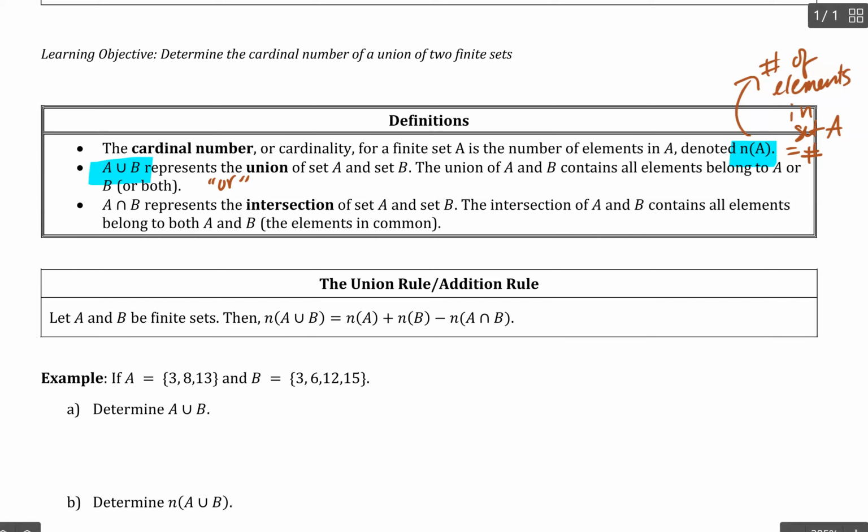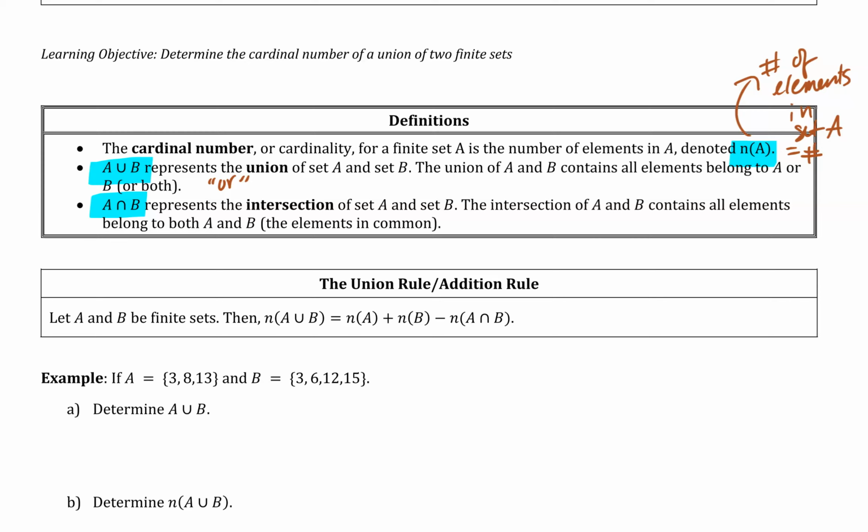And then on the contrary, we have the intersection, which we read A intersect B, and that is simply the set that contains only the elements in both A and B. Sometimes we see these represented Venn diagram wise, which helps drill home exactly what we're talking about here.